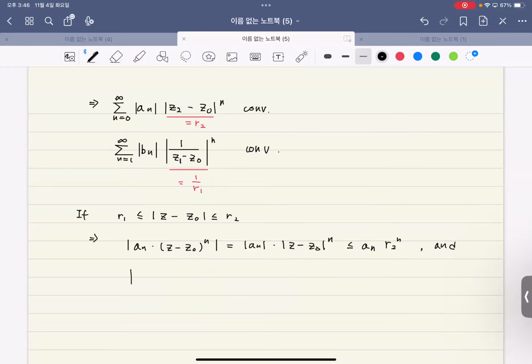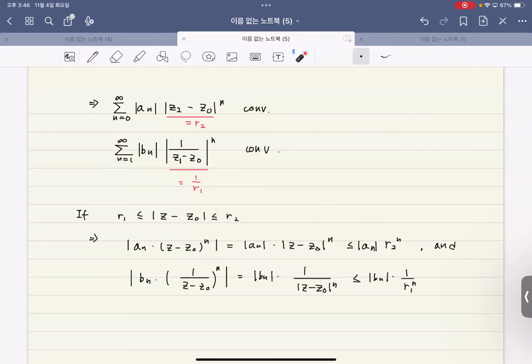And the other is bounded by times 1 over R1 to the nth power. Since we have this inequality, flipping it, we also have that inequality.